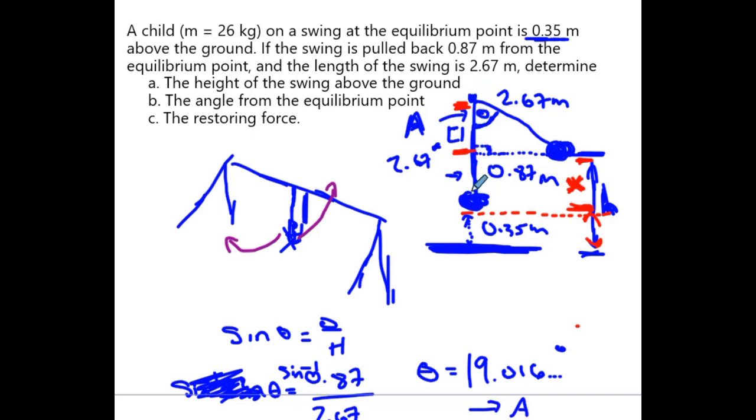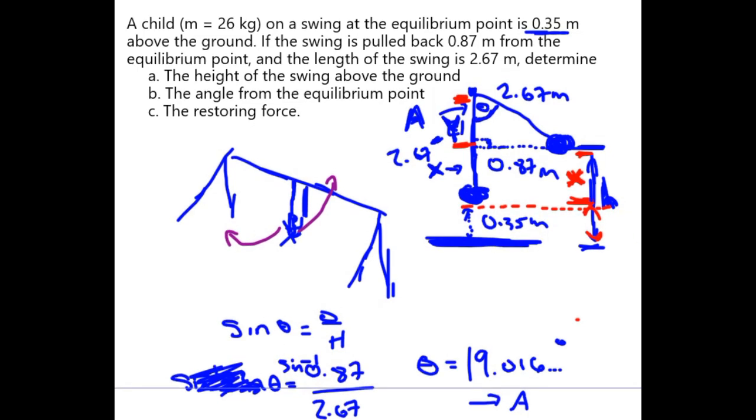So what's essentially going to happen is I'm going to take 0.35 and I'm going to add this little extra height right here. But to find this extra little height, which I'm going to call x, I really need to find this value here. I'll call it y, I guess, right? And so if I can find this y value and subtract it from 2.67, I'll get x. And then once I have that, if I add up to 0.35, I know how high I am above the ground. So let's give that a try now.